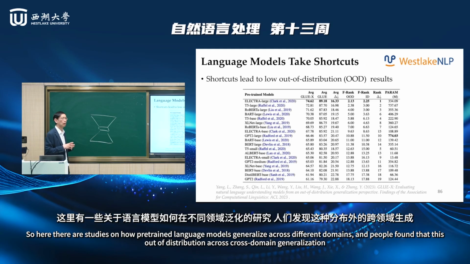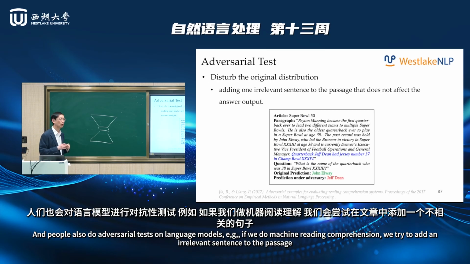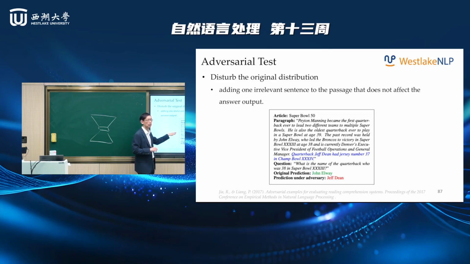So here, there are studies on how pre-trained language models generalize across different domains. And people found that this out-of-distribution or cross-domain generalization is also weak for language models. And people also do adversarial tests on language models. For example, if we do machine reading comprehension, we try to add an irrelevant sentence to the passage.